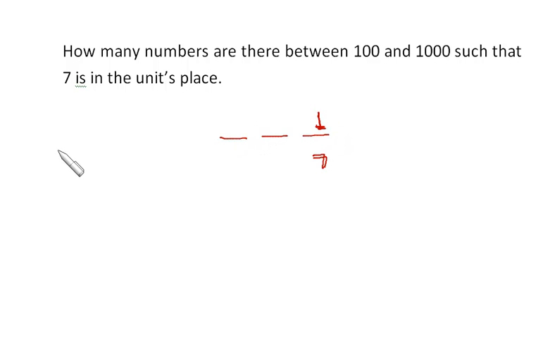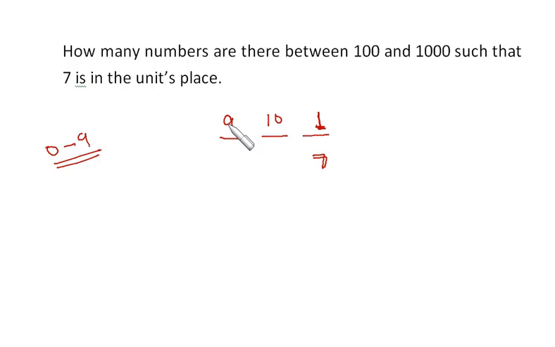Now for these two places, in all we have 10 choices of digits, that is 0 to 9, right? But for the first place we cannot write 0, so I have just 9 choices, right? Now there is no restriction on repetition because it's not specified over here. So for the second place I have 10 choices. Any number from 0 to 9 can come.